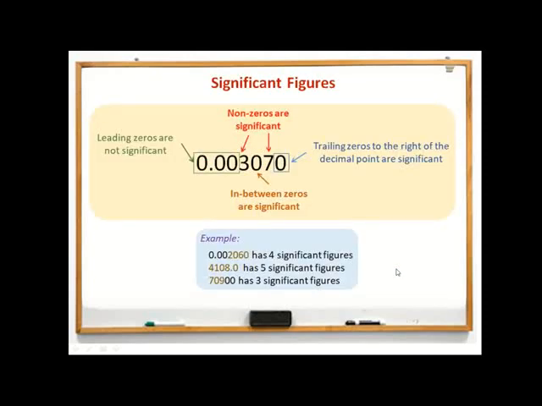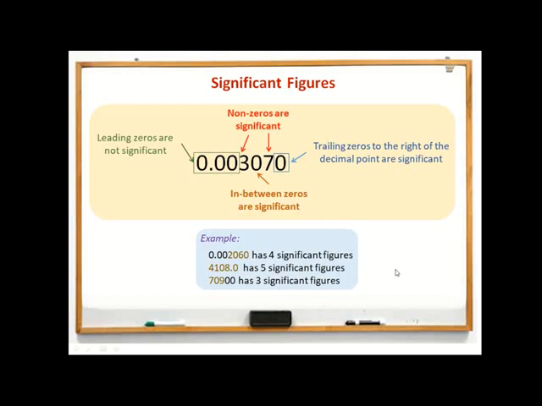Similarly, we will have more examples. For example, in this number 0.003070, it has 3 leading zeros. They are not significant. One 0 is a captive zero, between 3 and 7, so it is countable, and another 0 is a trailing zero after the decimal point, so that is also countable.